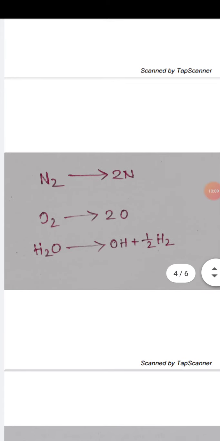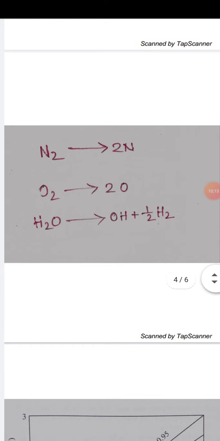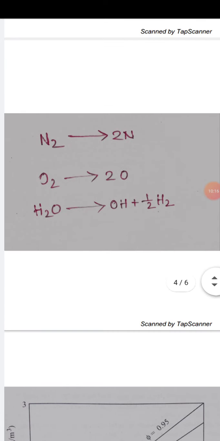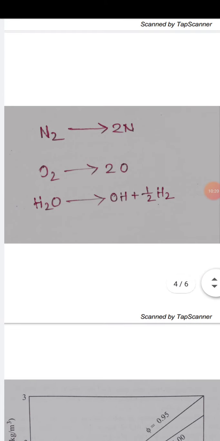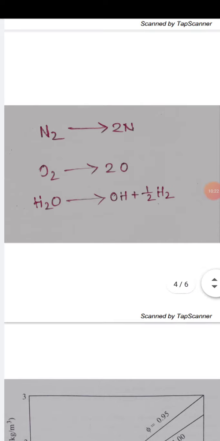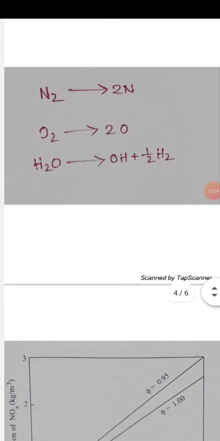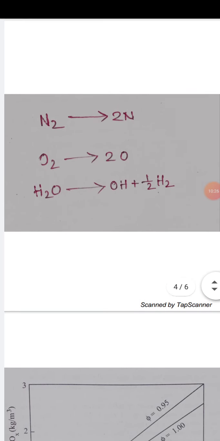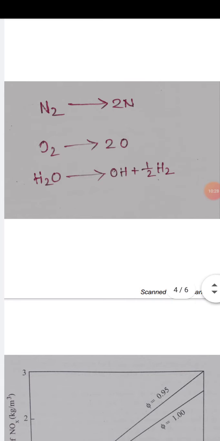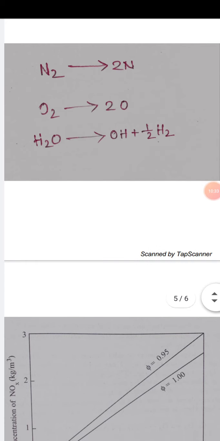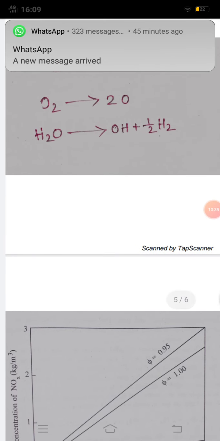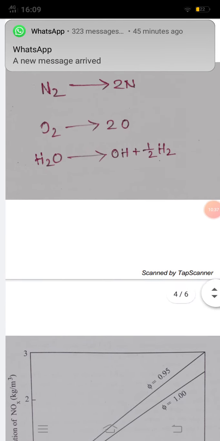The higher the temperature in the combustion chamber, the more diatomic nitrogen will dissociate to monoatomic nitrogen, and the more NOx will be formed.